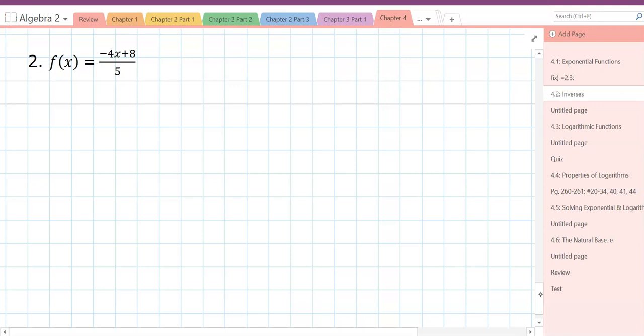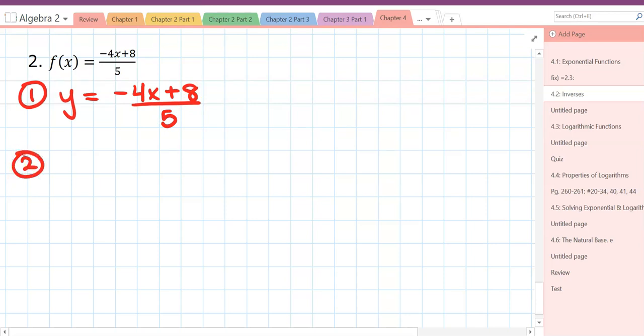All right, let's go ahead and go through this one together. Step 1 is to change it so it says y equals negative 4x plus 8 over 5. Step 2 is to switch your x and your y around.